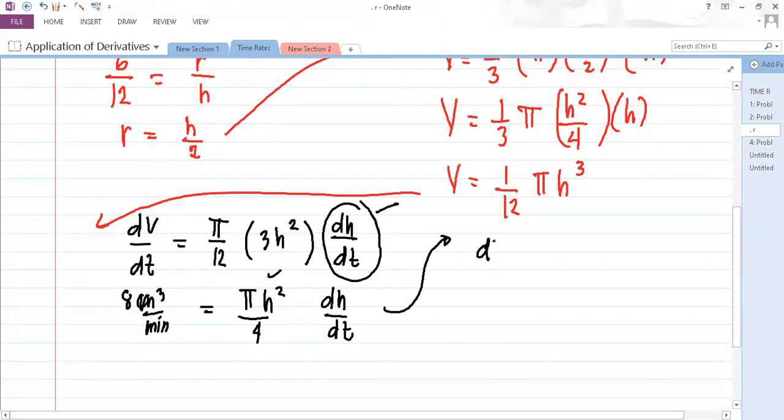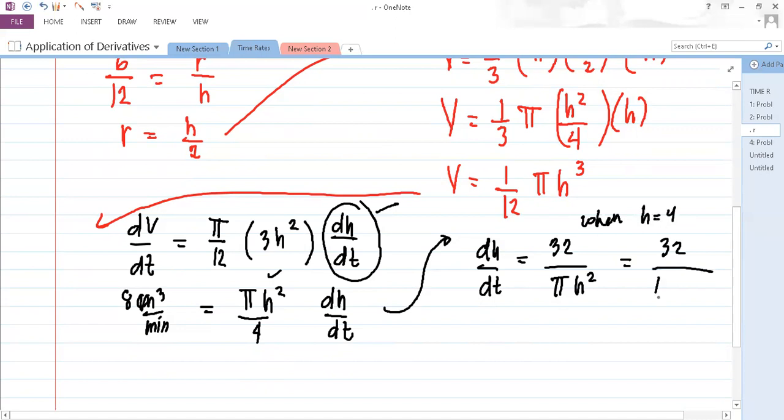So we have dh over dt is equal to 4 multiplied by 8, cross multiply, that is 32 over pi h squared. Substituting h equal to 4, 32 over pi times 4 squared.